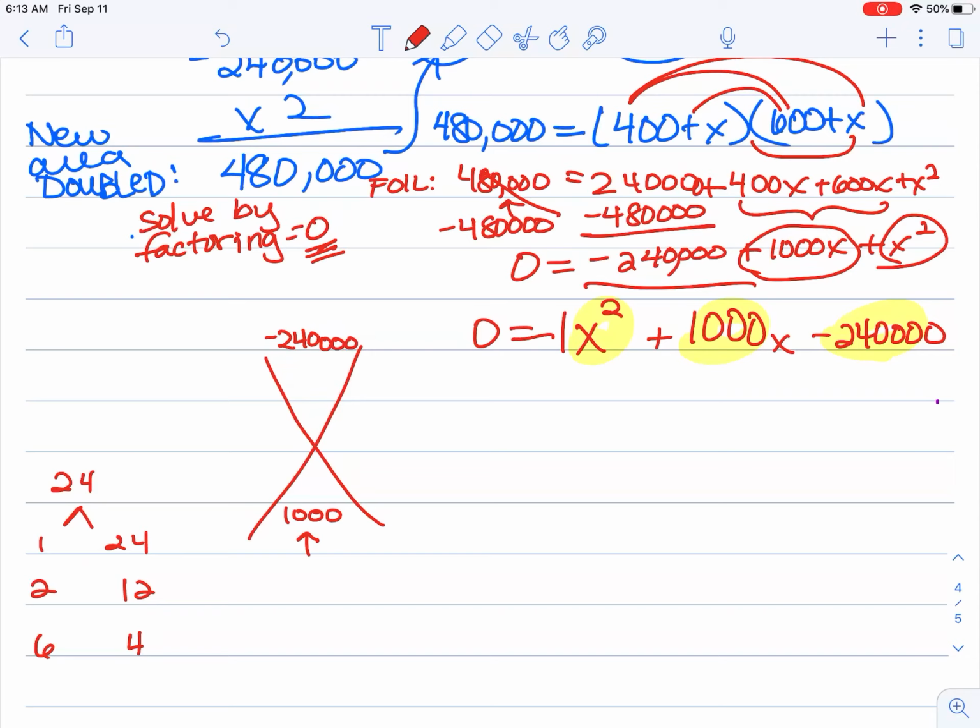And we know that this is a negative. So we know that it needs to be by subtraction. So which of these factors could basically make a 10 by subtraction? See, it's right here. So let's put a 2 here and a 12 here, but remember, it's not 10, it's 1,000. So I know 20 times 120 can make 1,000.